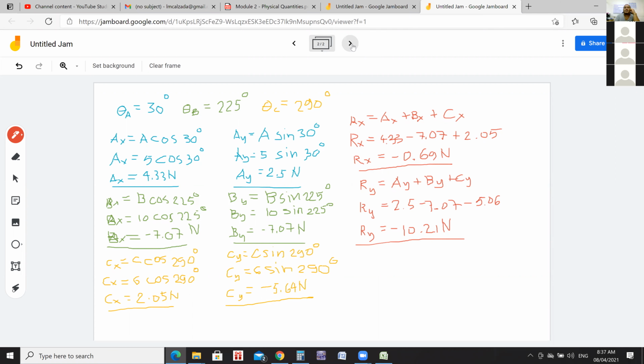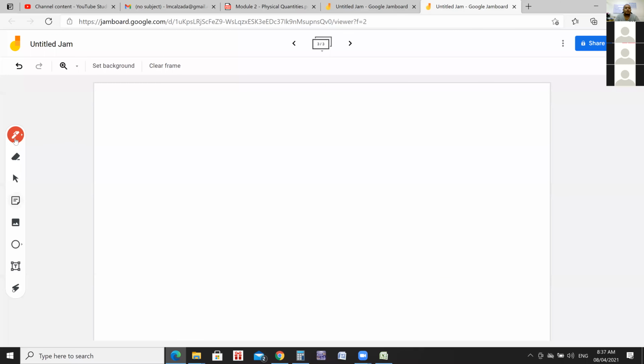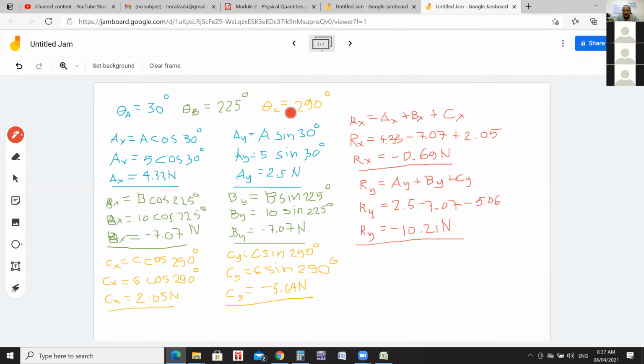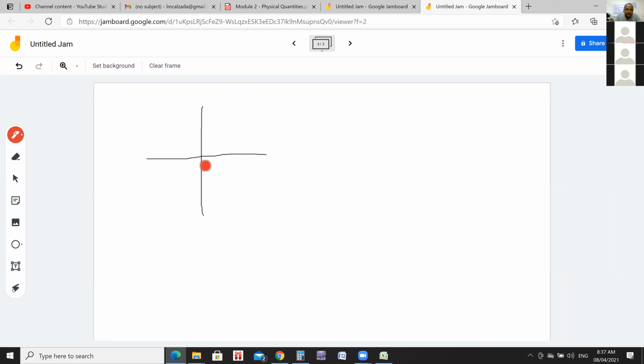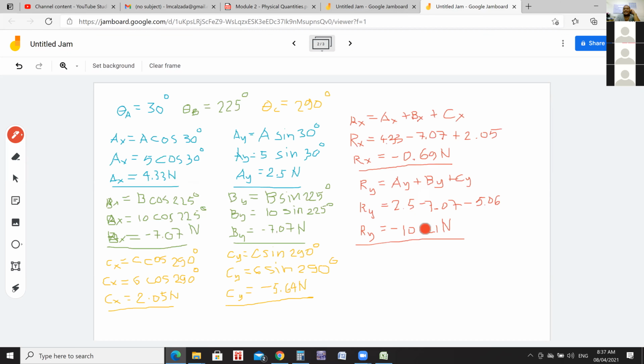Now we need to get the resultant vector. Okay, so what we will do is let us try to draw. Now, let us draw. Rx is negative 0.69. So, where is the negative 0.69? For sure, it is toward the left. It is small, because it is only 0.69. Right? Where is Ry? Ry is negative 10.21.